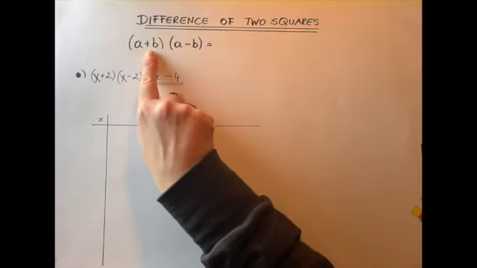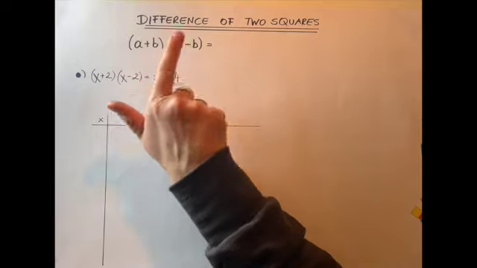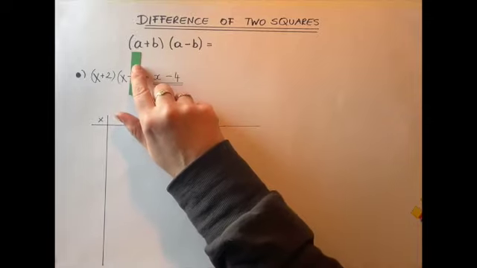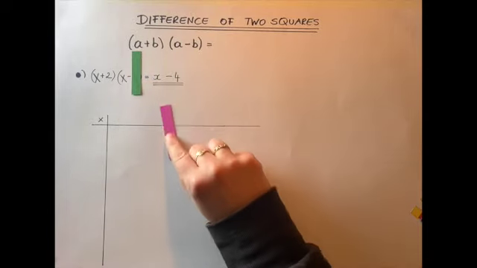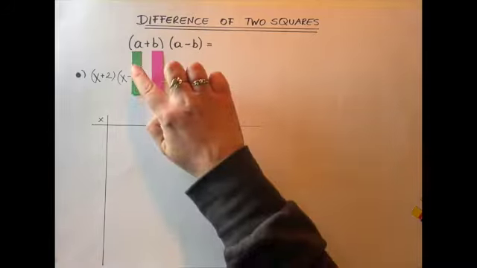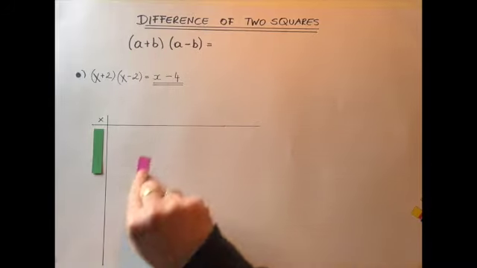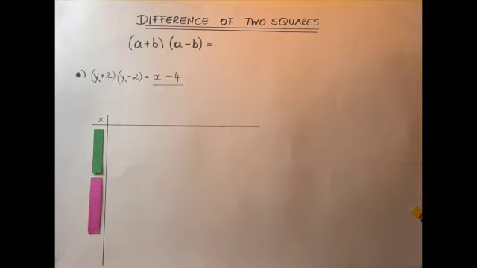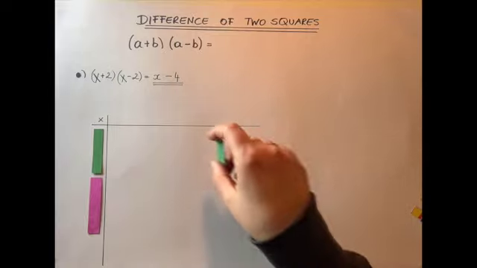Let's go back to our general problem, a and b. Remember, for the perfect square already, I used the green tile for the a and the pink tile for the b. I'm going to do the same now. So a goes here, b goes here. I hope to remember that I'm going to use a and b and not x and y.